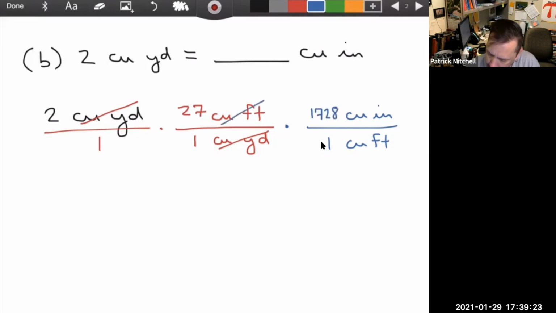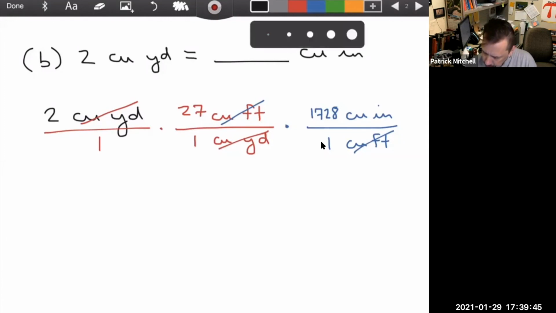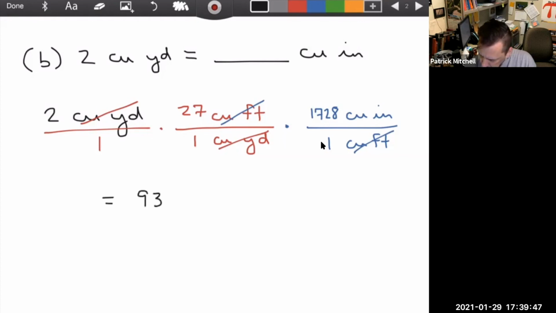So now my cubic feet will cancel, and I see the only unit left is cubic inches. Now I fire up my calculator, which I probably should have had open before I started. 1,728 comes out to 93,312 cubic inches.